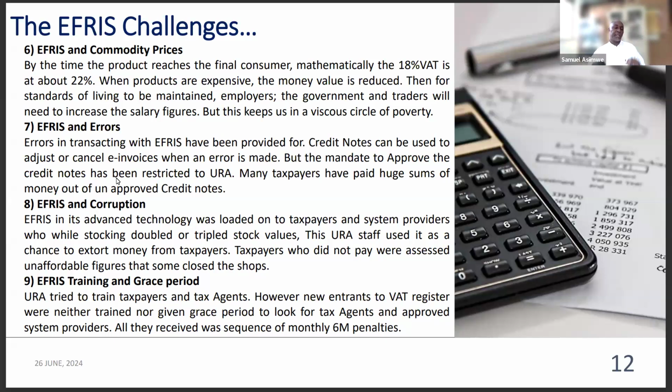So this double or tripled stock value, the URA staff used it as a chance to extort money from taxpayers. They would come and say, we have a lot of stock and we want to do stock taking in your shop. Definitely, you don't have the 1,000 items, you have 0.